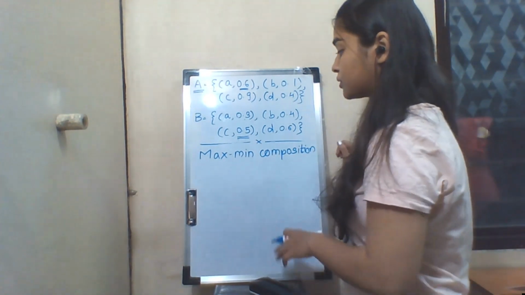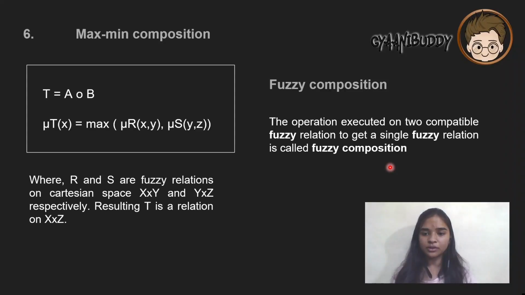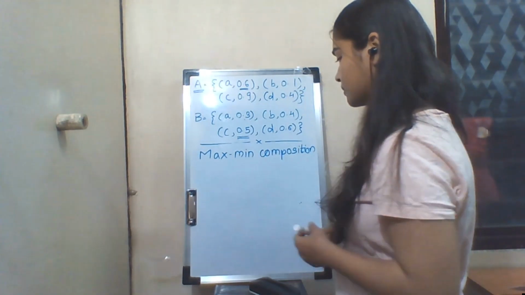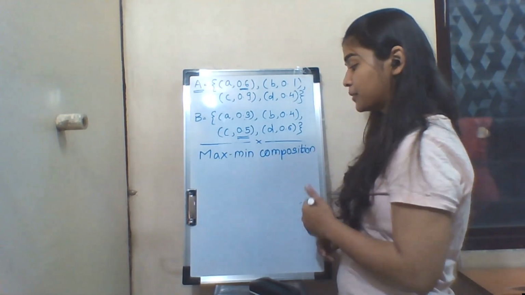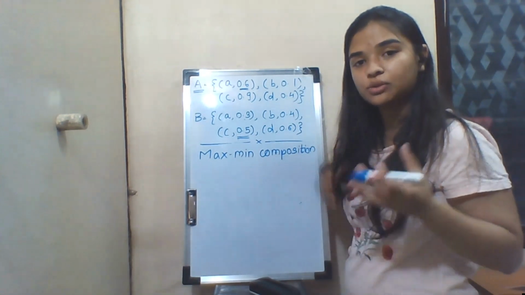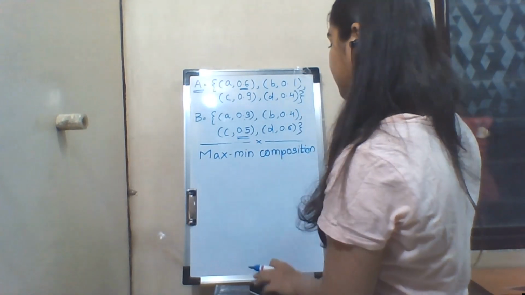Before taking a look at the max-min formula, let's look at the presentation first. So, to revise, composition is basically merging two different relations. Now, we don't need A and B sets.